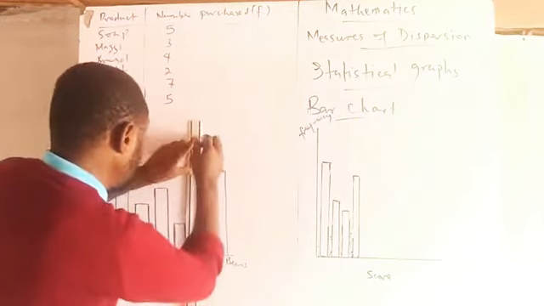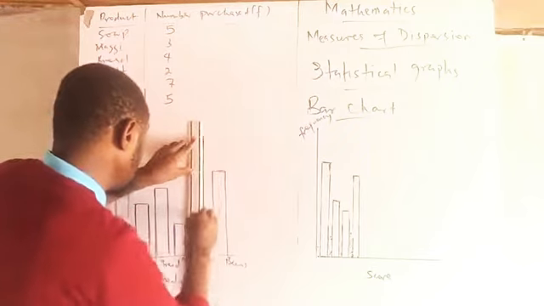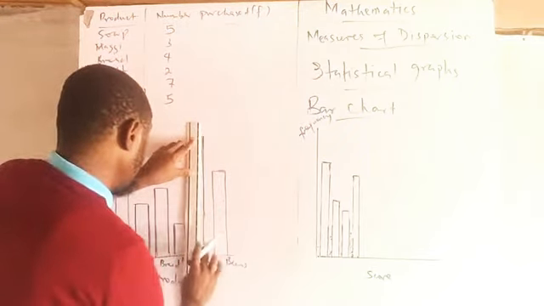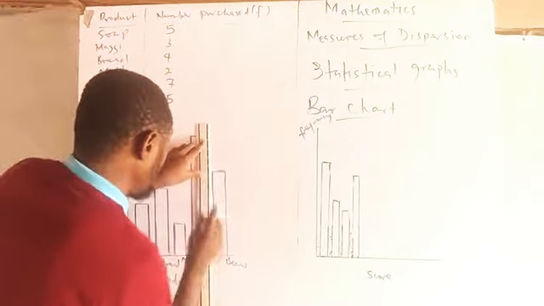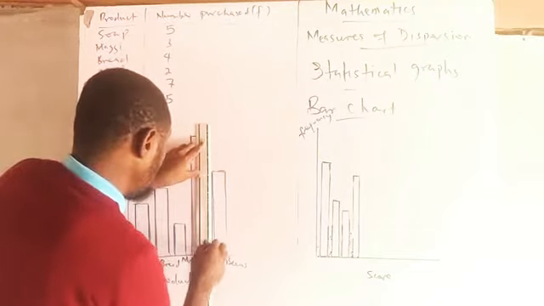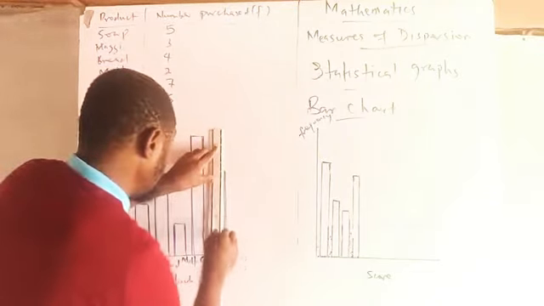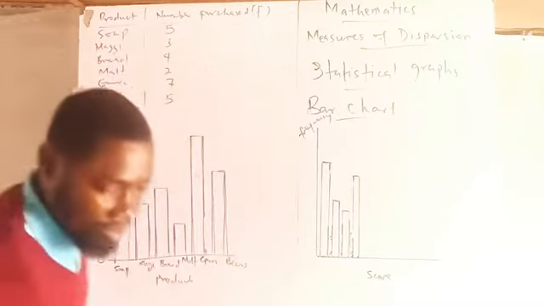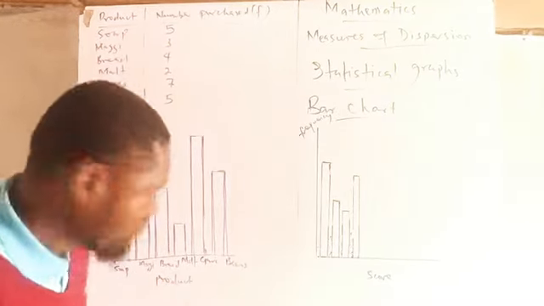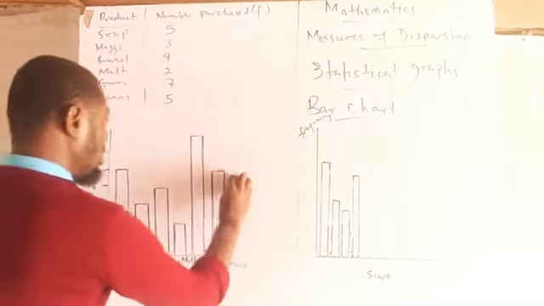You can see the bar should be straight. In that manner, you have your bars now on the board clearly.